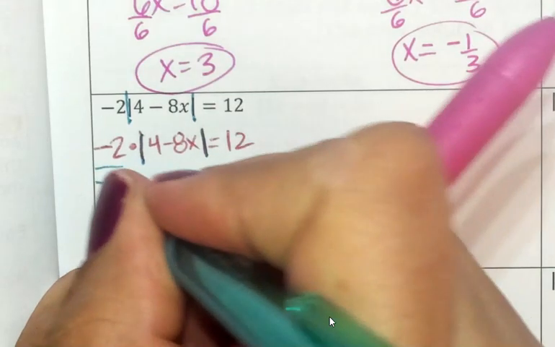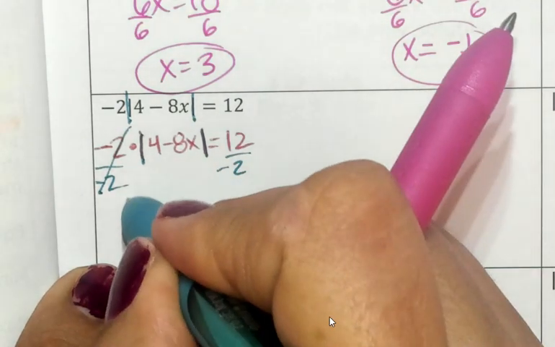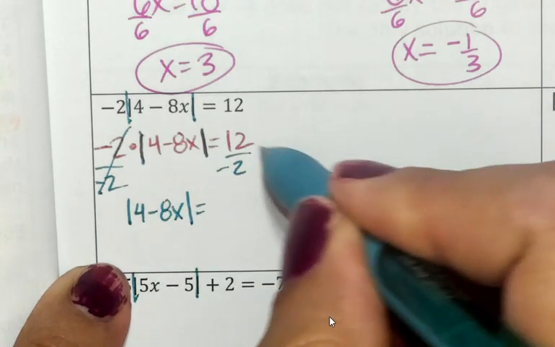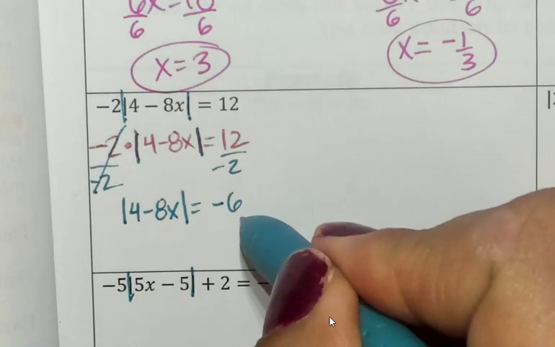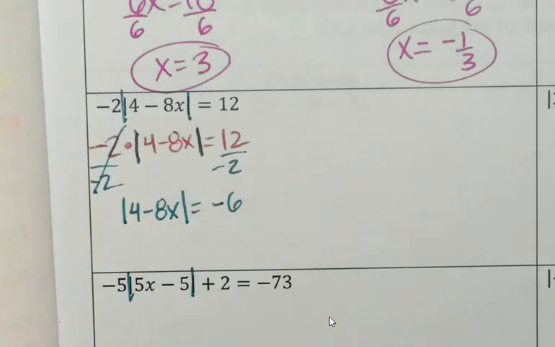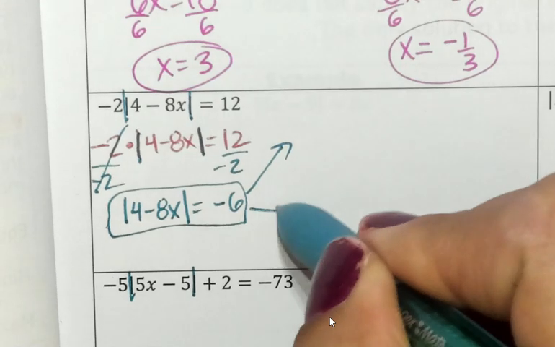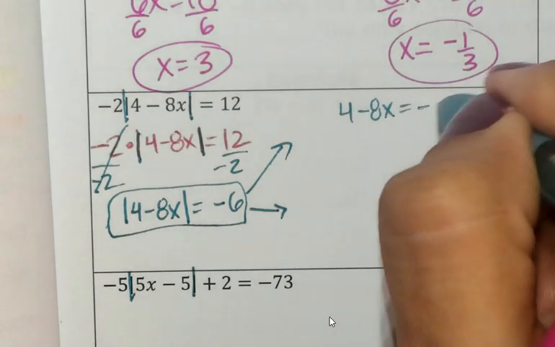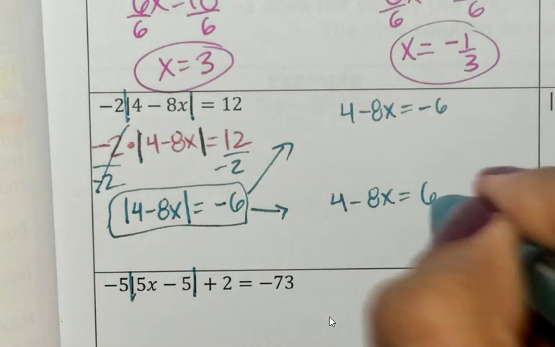So we're dividing by -2 on both sides. And now we're going to have absolute value of 4 minus 8x equals negative 6, because 12 divided by negative 2 is negative 6. And then from here is where this equation will now proceed to two different equations. 4 minus 8x equals negative 6, and 4 minus 8x equals positive 6.